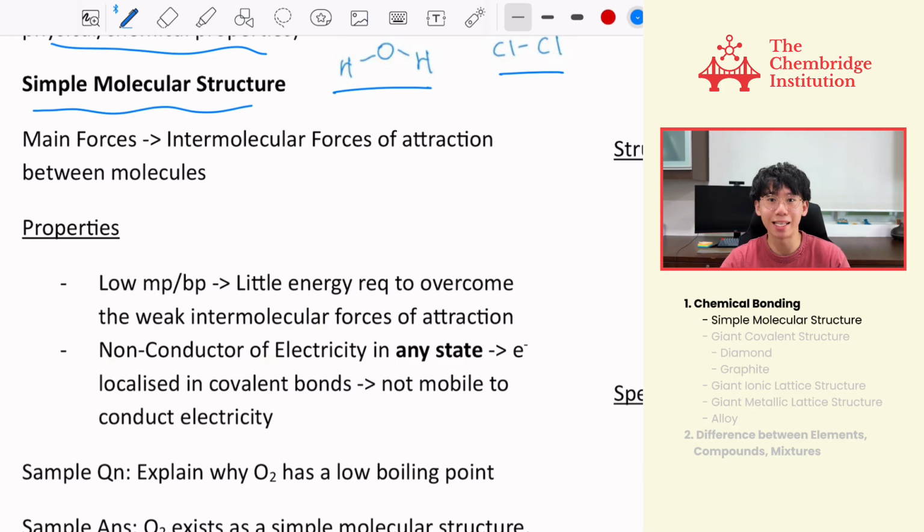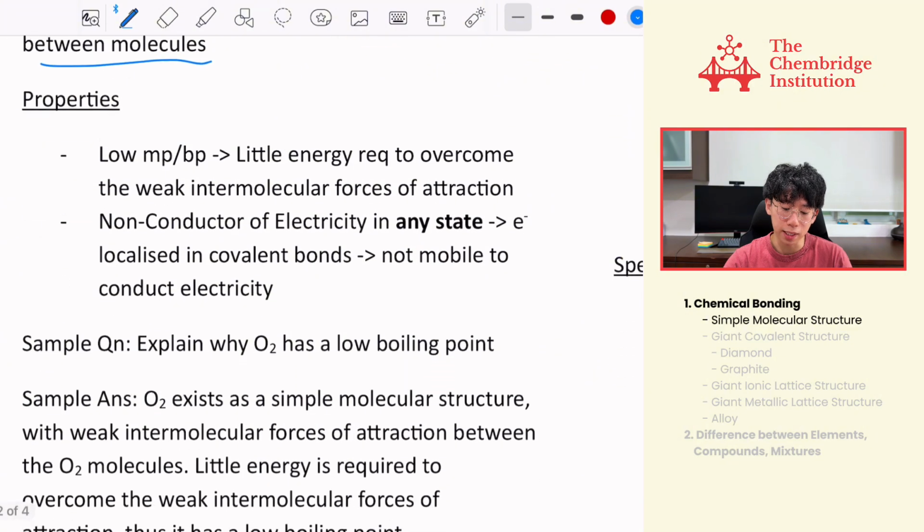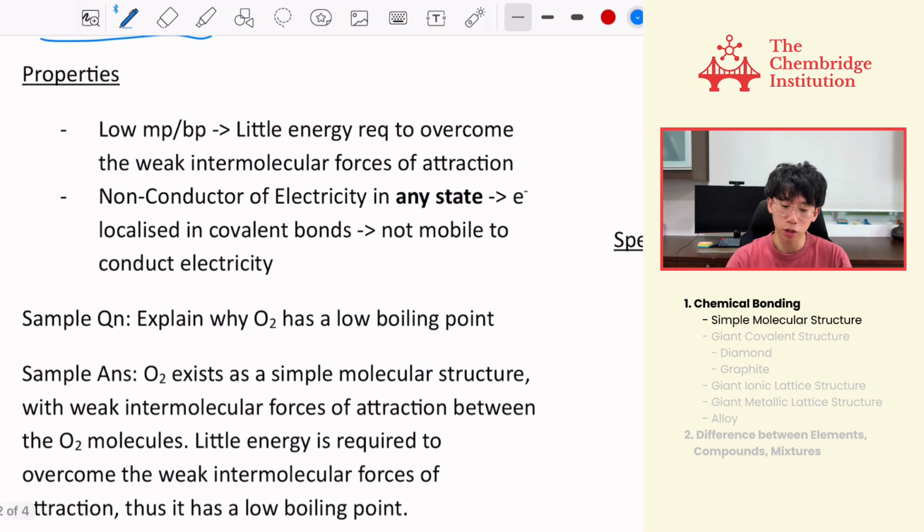These all exist as simple molecular structures that have intermolecular forces of attraction between the molecules. For the properties, they tend to have low melting and boiling points. Why? This is where you explain in relation to the structure and bonding. This is because little energy is required to overcome the weak intermolecular forces of attraction.